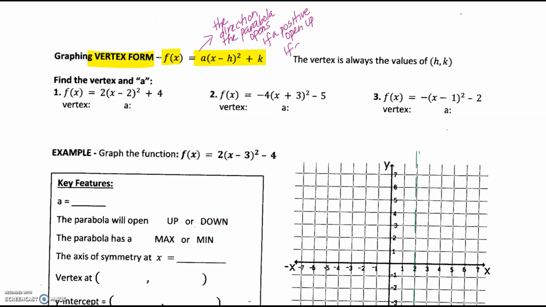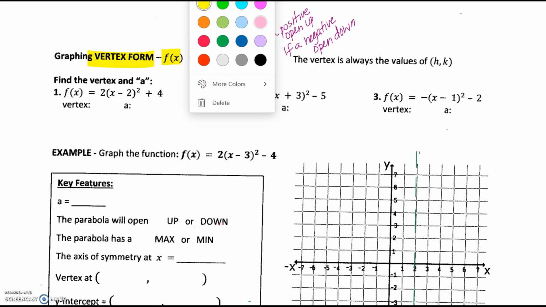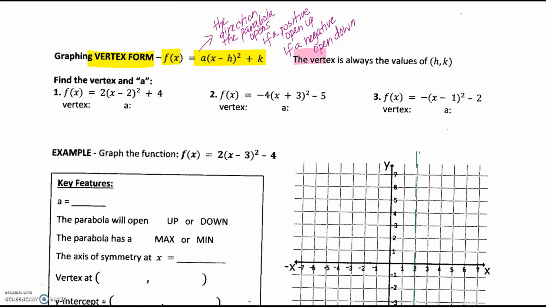If a is negative, it's going to open down. So that's all that a does, is determine the direction it opens. The beauty of vertex form is it basically gives you your vertex for your parabola. And that's huge and helpful because it's also going to help you with your axis of symmetry.